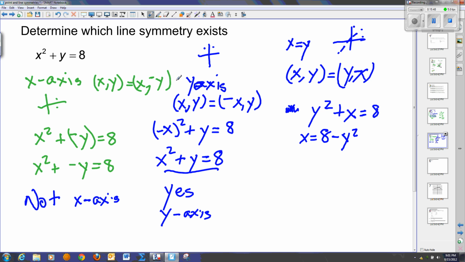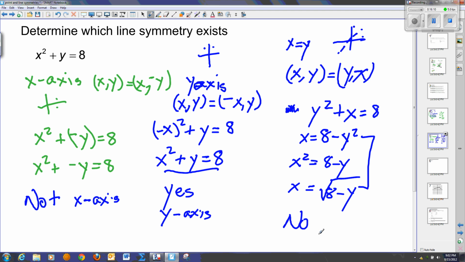And if I was to isolate x in the original equation, I'd have x squared equals 8 minus y, getting x by itself. I'd have to actually square root something, right? These two terms in no way look alike, so no. I do not have y equals x symmetry.